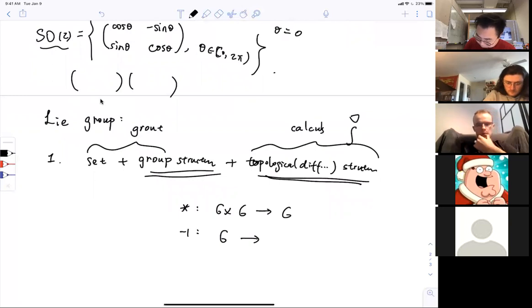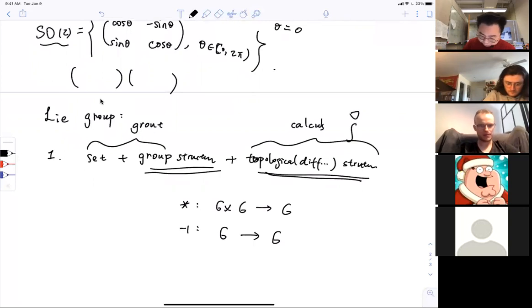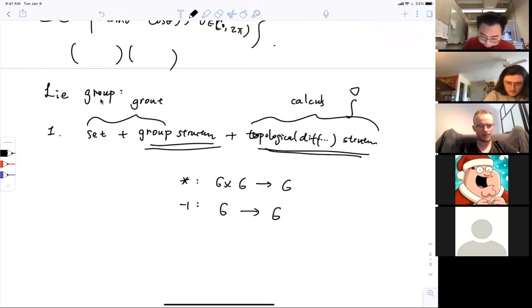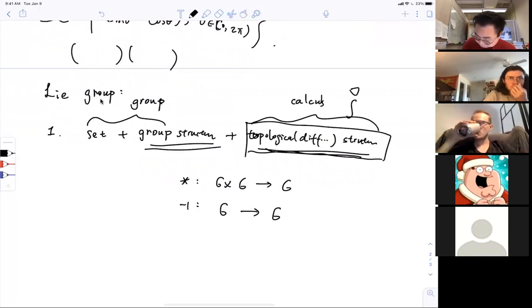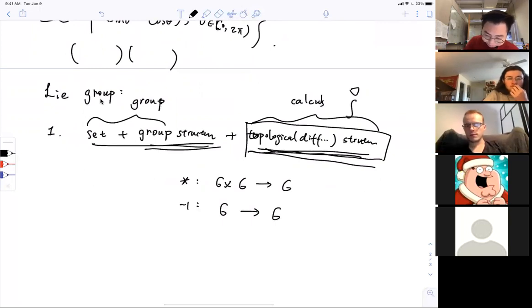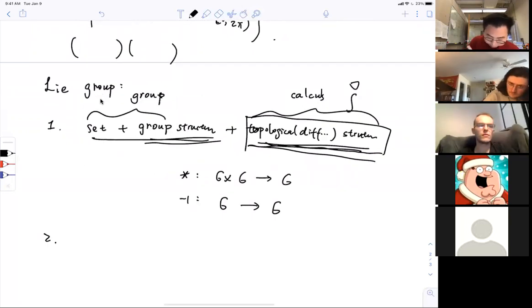To be compatible, we require those two maps to be continuous and differentiable. So you can say there's an extra structure compared with a group.